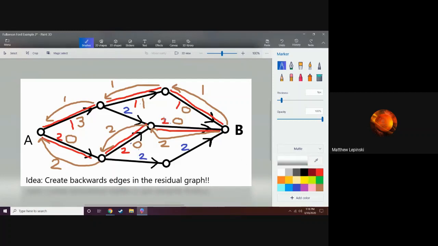So I think Hunt was saying, what if we had an extra piece of capacity here? So if we had an extra piece of capacity here and we're looking for a path from A to B, then there's 2 different options.